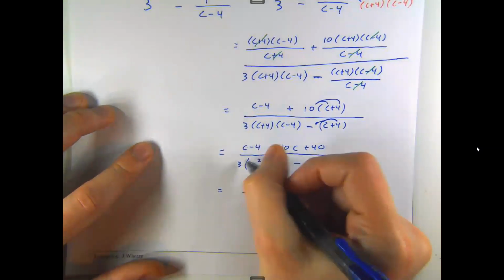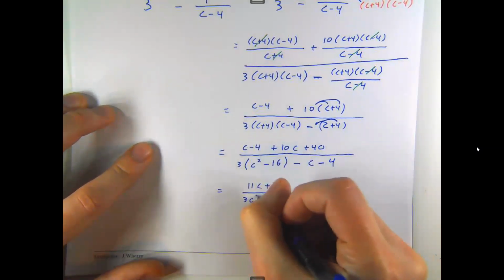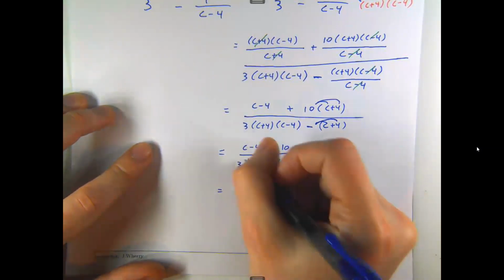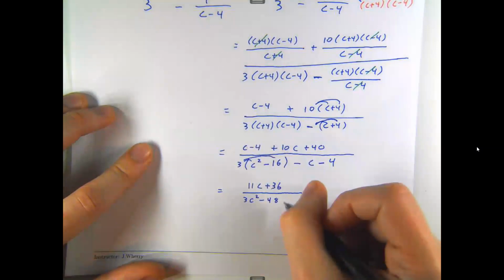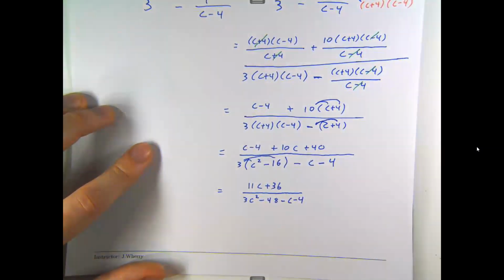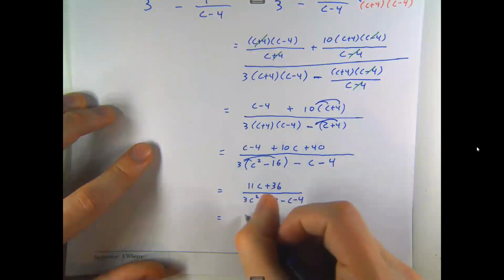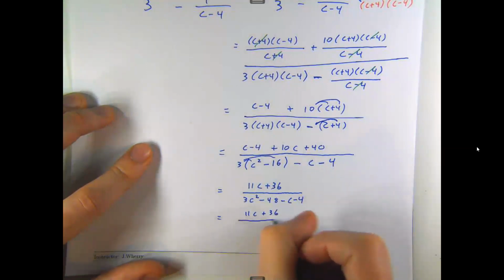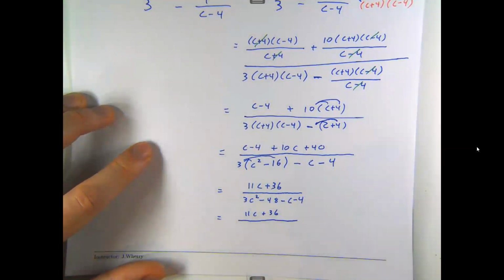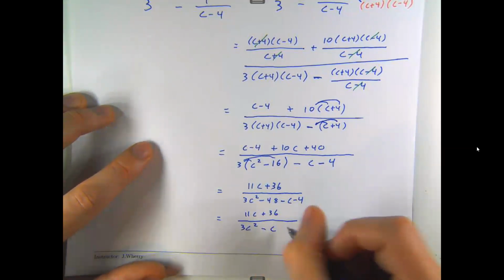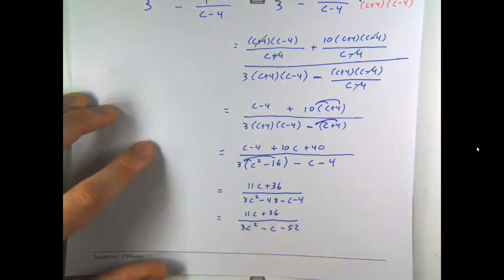Multiplying out the bottom, I have 3c squared minus 48. I've multiplied out the 3. Minus c minus 4. When I do this, I get 11c plus 36. And on the bottom, I have 3c squared minus c minus 48, take away 4 more, gives me 52.